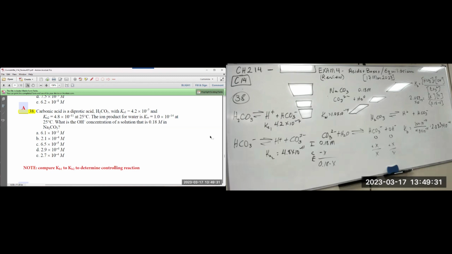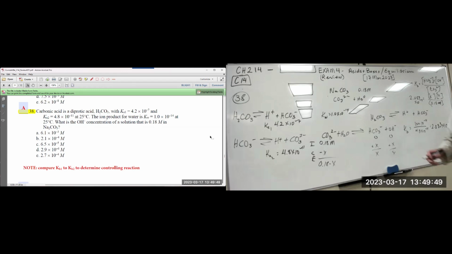All right, in order to avoid a quadratic, we're going to say this one is essentially 0.18. And we're probably pretty safe because this is 10 to the minus 4. If it were minus 3 or minus 2, that might be iffy.